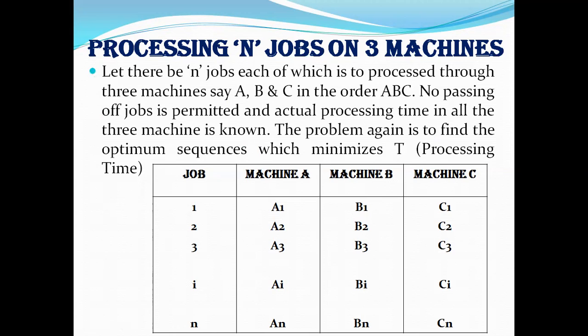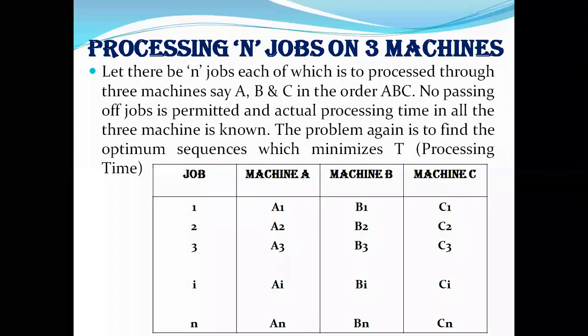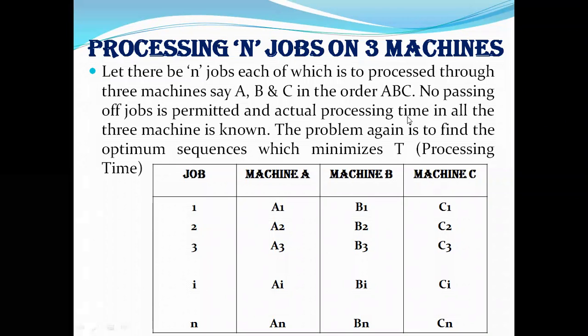That is A, B, and C. And even the sequence needs to be maintained: without the performance in machinery B, a work part should not be entered from machinery A to C. That is the main aspect that needs to be observed here.